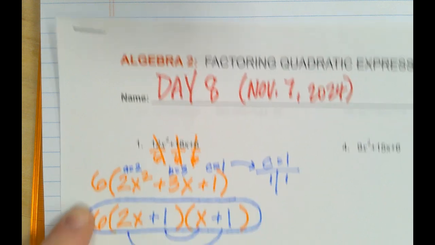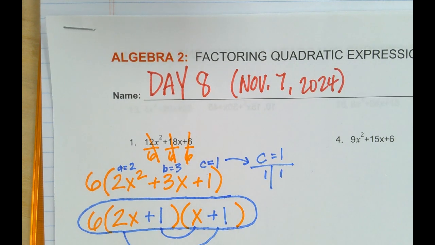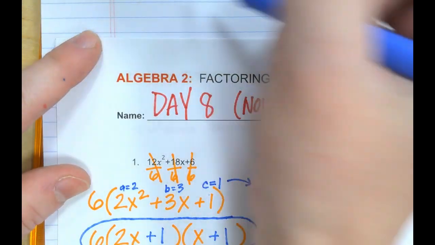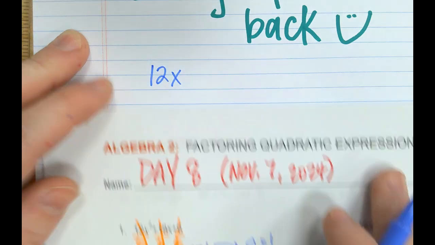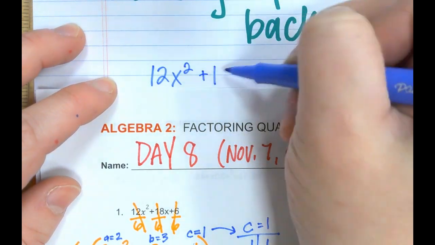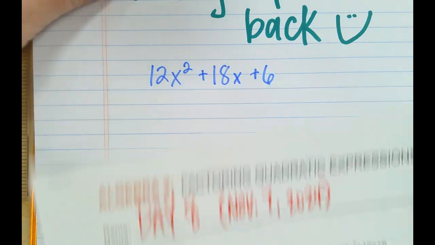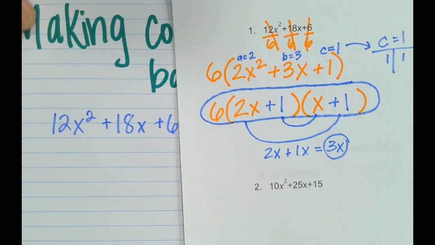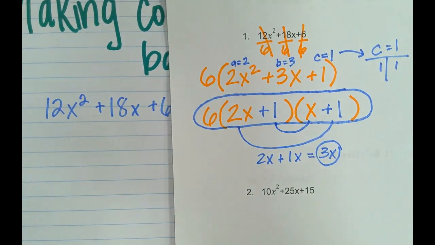Like let's say we didn't recognize that 6 was the greatest common factor and we tried 3 first. Like I'll show you. 12x squared plus 18x plus 6. Let's say I was looking at this. I'll put this over here in case anyone's needing that work.